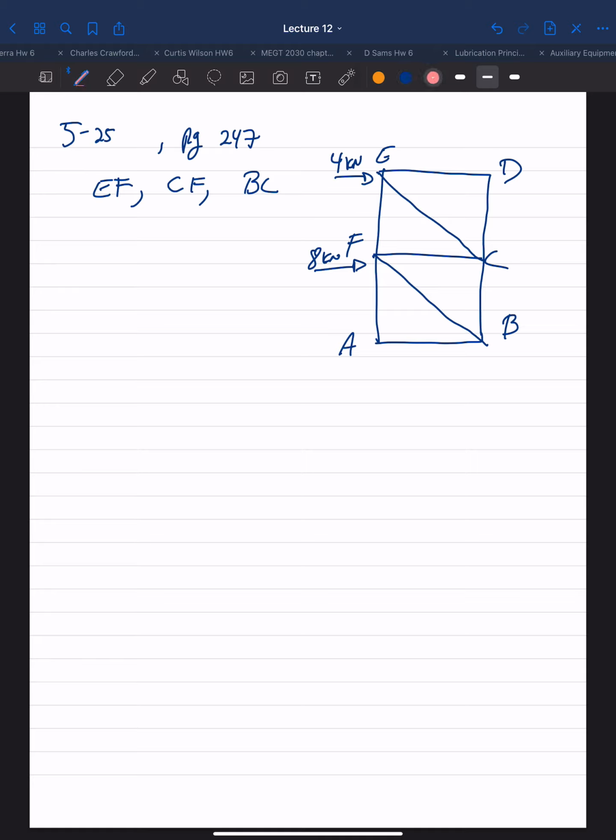So they want the force in members EF, CF, and BC.